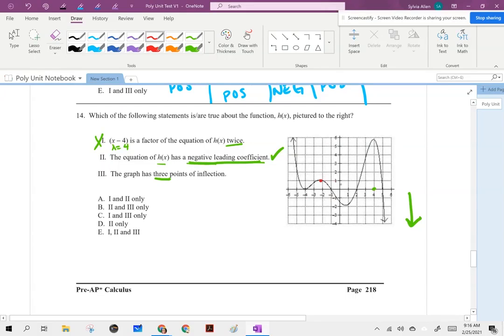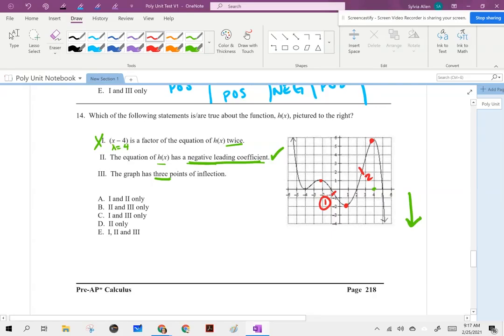Inflection points are the midpoints between max and mins. So there's one right here. Here's another minimum and a maximum. So here is another inflection point. And then I do not also see where it changes concavity anywhere else on the graph. So we've got 2 points of inflection.